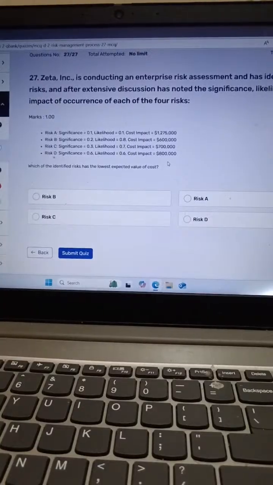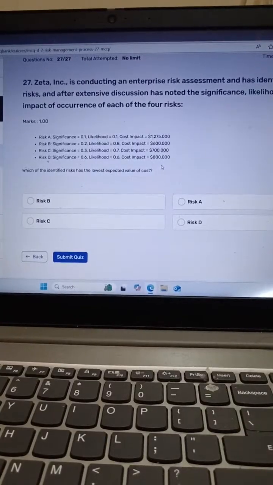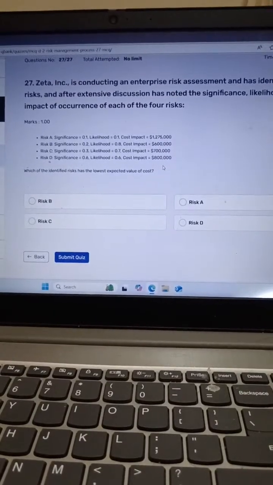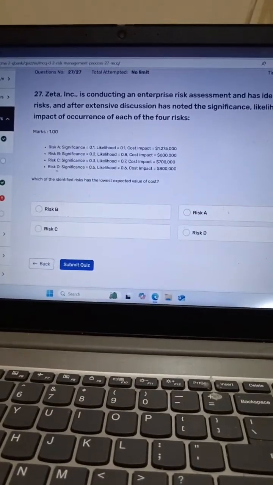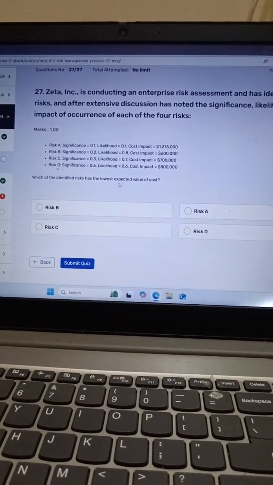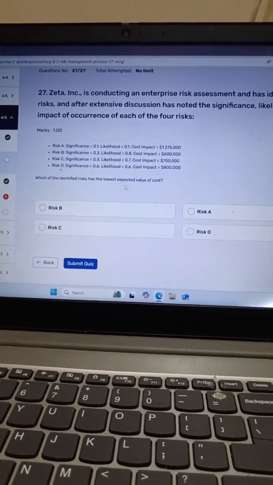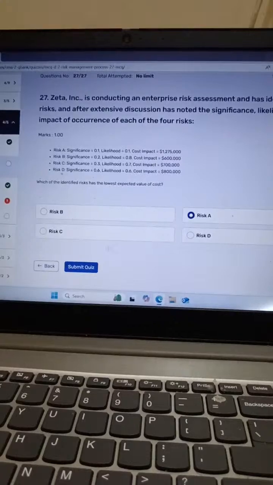And 0.3 multiplied by 0.7 multiplied by 7 lakh is 1,47,000. 0.6 multiplied by 0.6 multiplied by 8 lakh means 2,88,000. Option D. No, identify the lowest expected value of cost. Lowest means option A. We already calculated the lowest, option A.